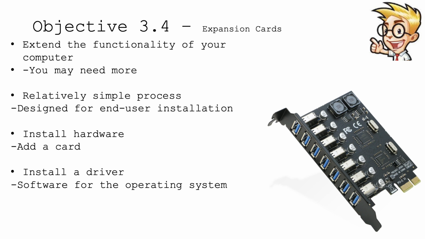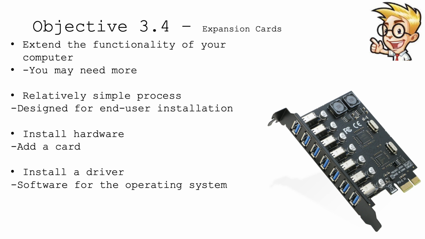One of the nice parts about our modern computing platforms is that we're able to extend those capabilities by adding additional hardware to our systems. One of the primary ways of adding this hardware is through the use of expansion cards. You can purchase the expansion card, install it into your computer, and now you are extending and adding to the capabilities of that system.